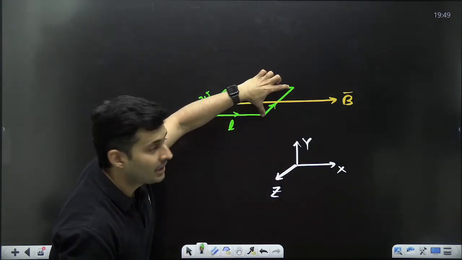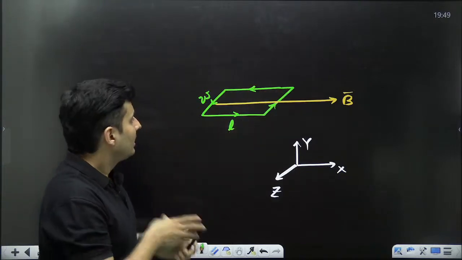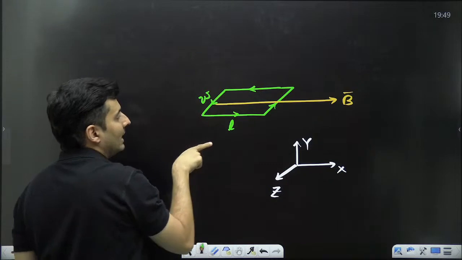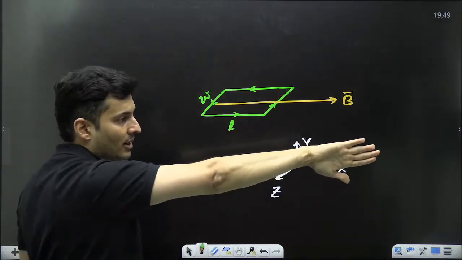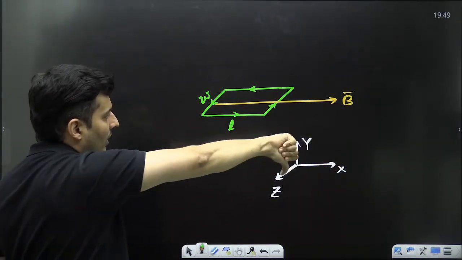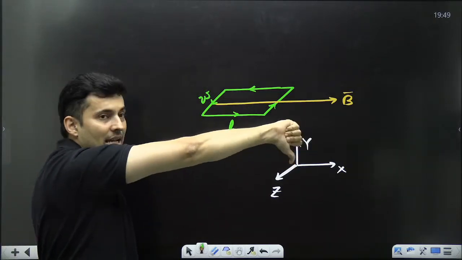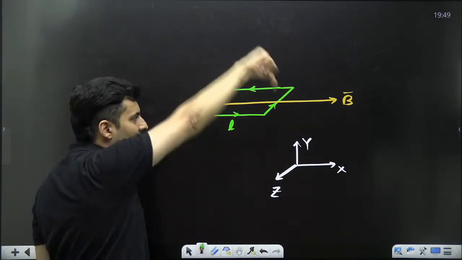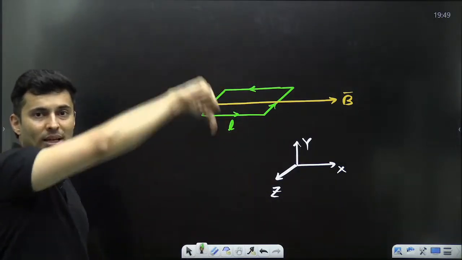If you take the right part, length is going inside, magnetic field is towards your right side. Inside cross B, check it out. Length cross B is going down. Are you able to visualize it?